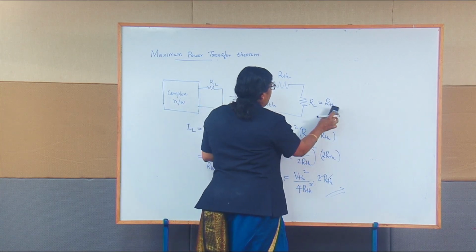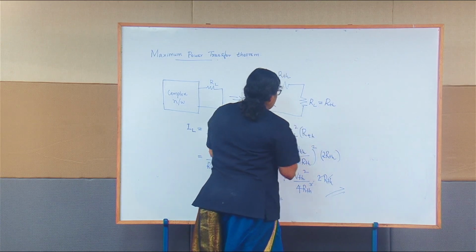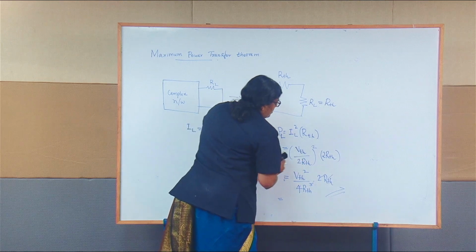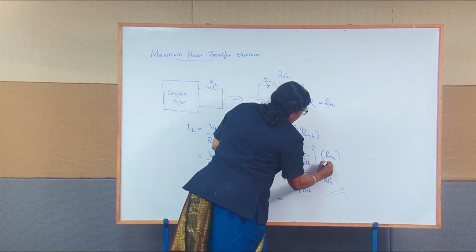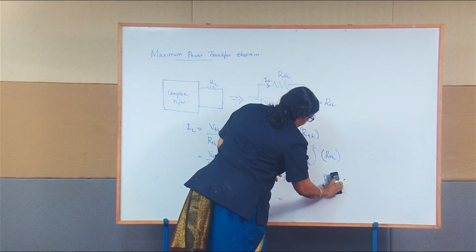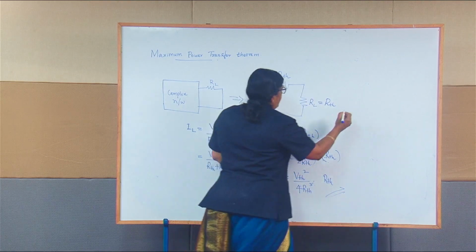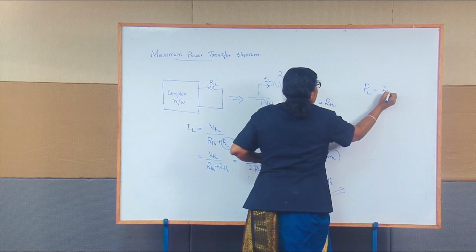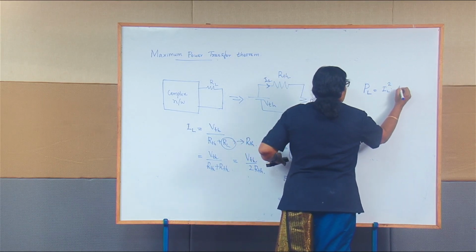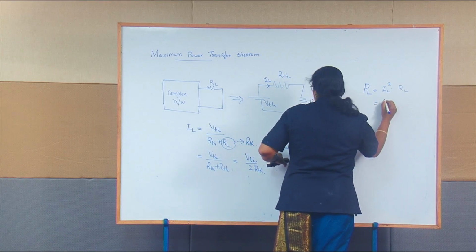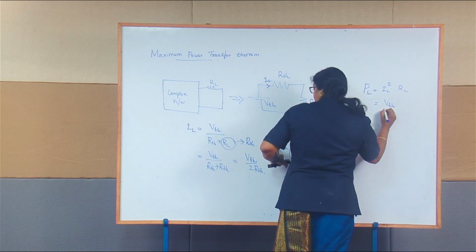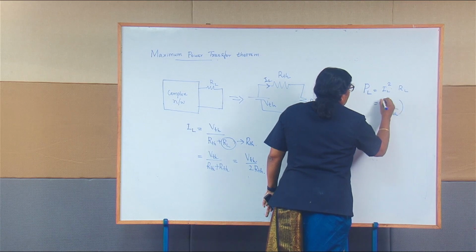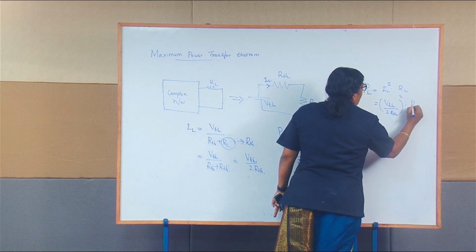But we have to do this for RL alone, right? So the power across a load we are looking at: PL equal to IL square into RL. The IL value is V Thevenin by 2 R Thevenin the whole square, into RL.